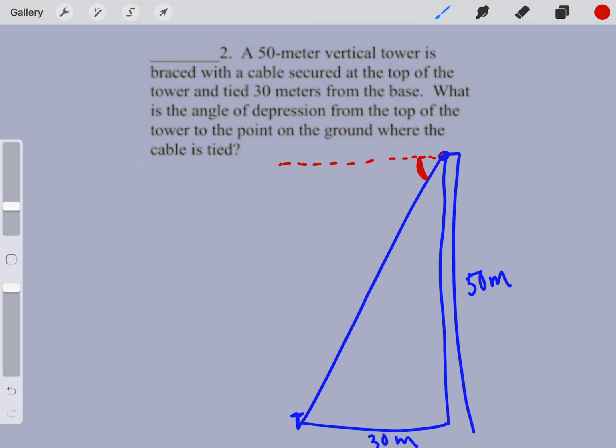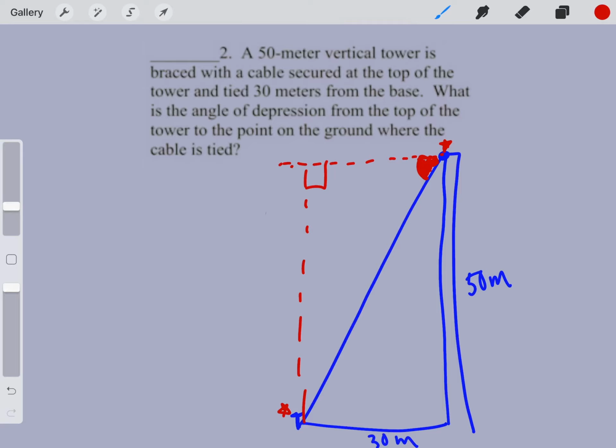And that might be a little confusing because I'm sure a lot of you thought it was this angle over there. But imagine drawing a horizontal line to create this kind of imaginary right triangle in space. And this is the angle that we want to figure out. That's the angle of depression from the top to where it has been tied.